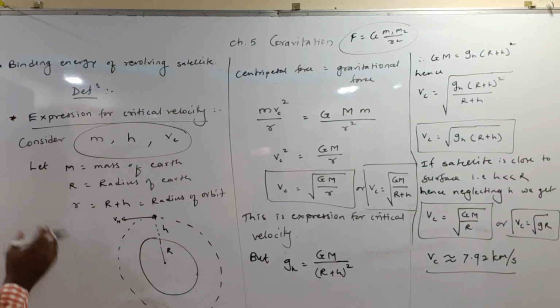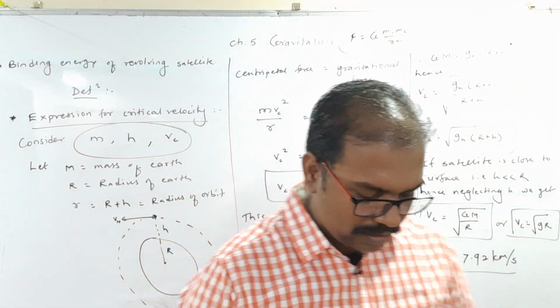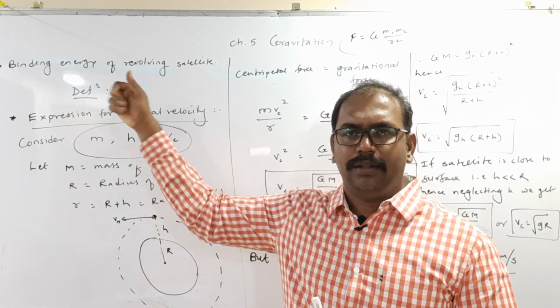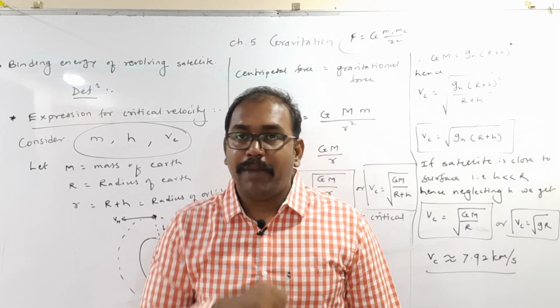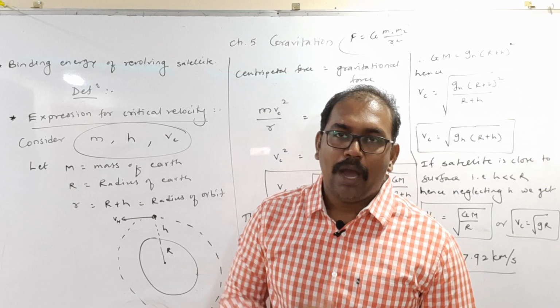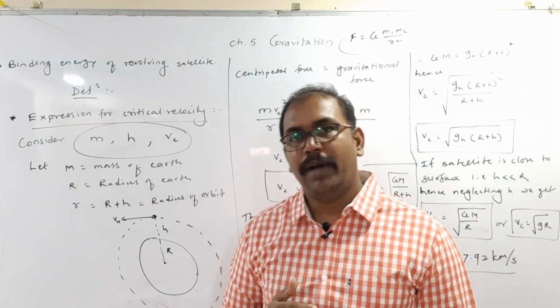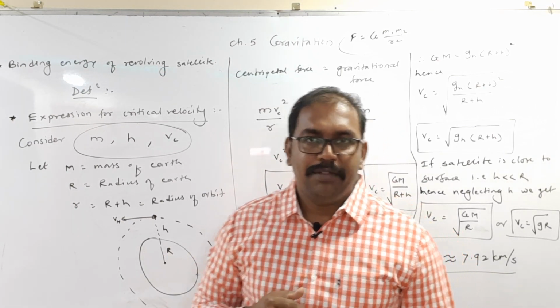First thing, what is binding energy? Binding energy means the energy with which the satellite is bound to the earth. Now if you want to free the bound satellite, then how much energy do we have to provide? We have to provide the same amount of energy with which it is bound to the earth, and then only it is free from the gravitational field.